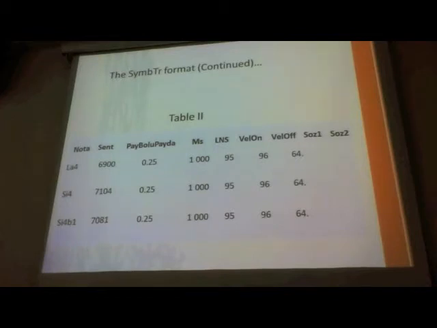So 100 means full legato, so the note will be played for its entire duration. 50 means the note will be played for half of its length, as staccato. The default value is 95. Rests are also represented by this field.